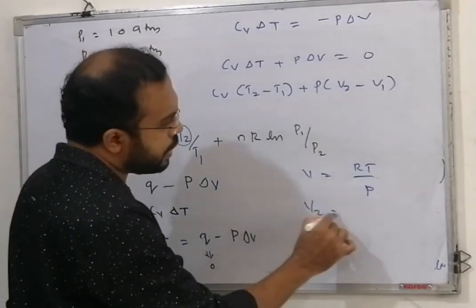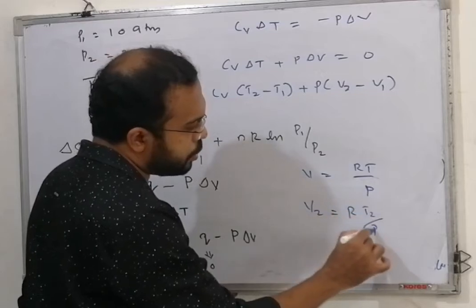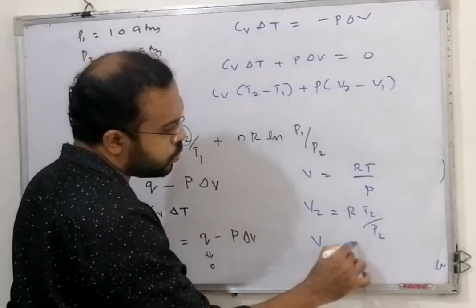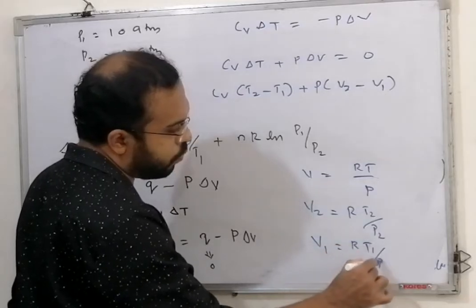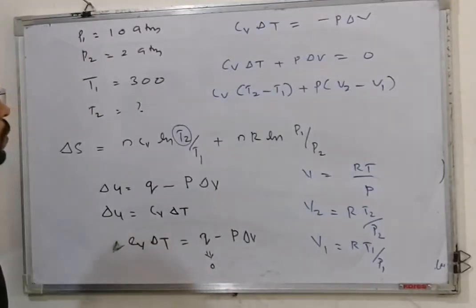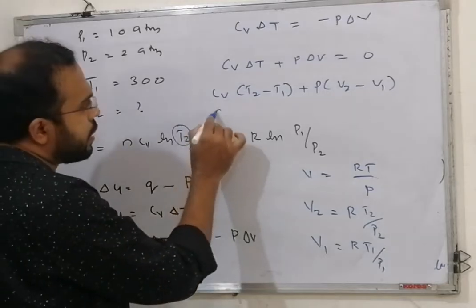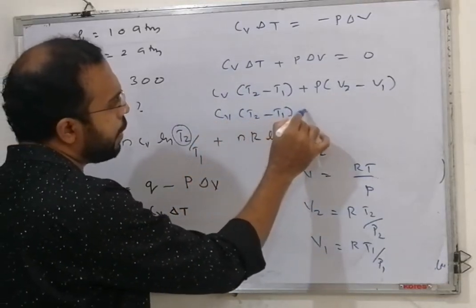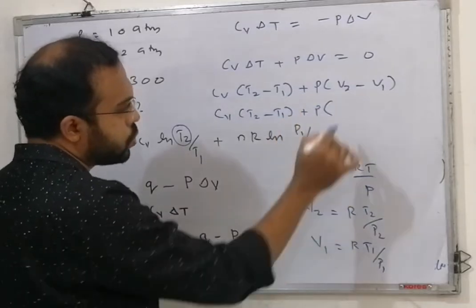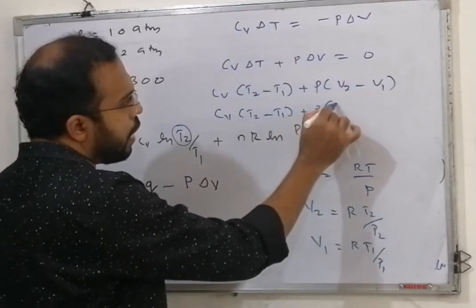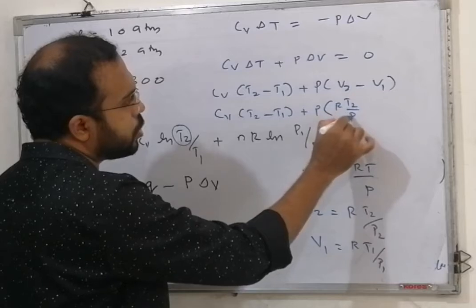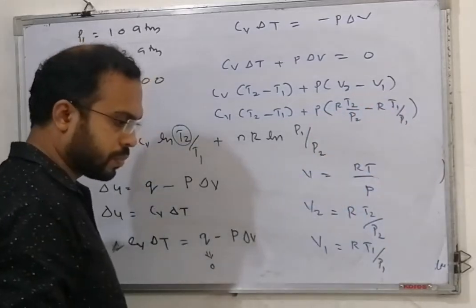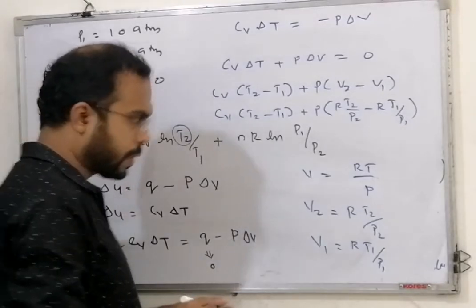Therefore, V2 is equal to RT2 by P2, and V1 is equal to RT1 by P1. Therefore, I write like this: CV into T2 minus T1 plus P into RT2 by P2 minus RT1 by P1.